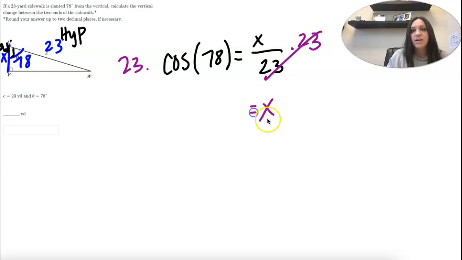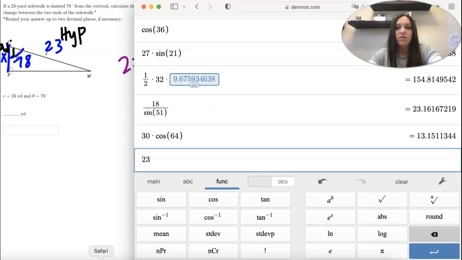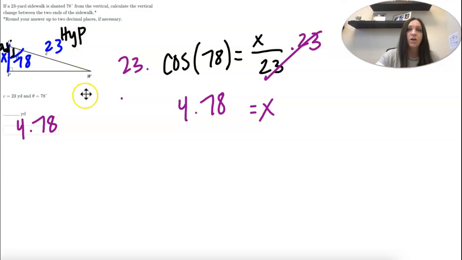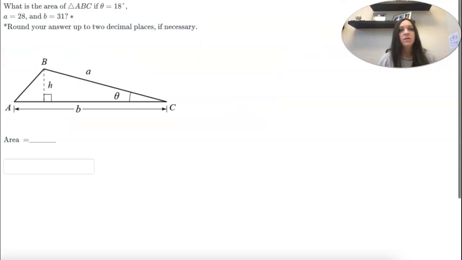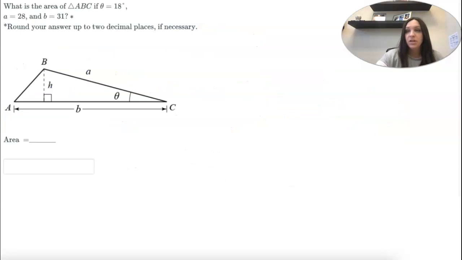X is by itself, so we just calculate straight across. 23 times cosine 78. 4.78. So look for questions that are the same like that, because we don't need to redo it all again. We already know we're using cosine. Okay, so we've already done one like this too. We used sine. So we're going to use sine again.